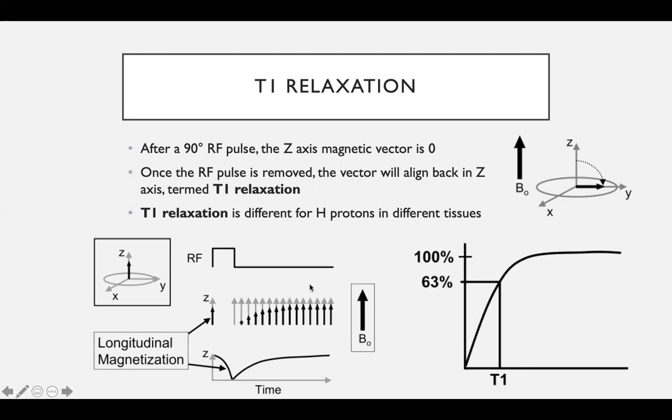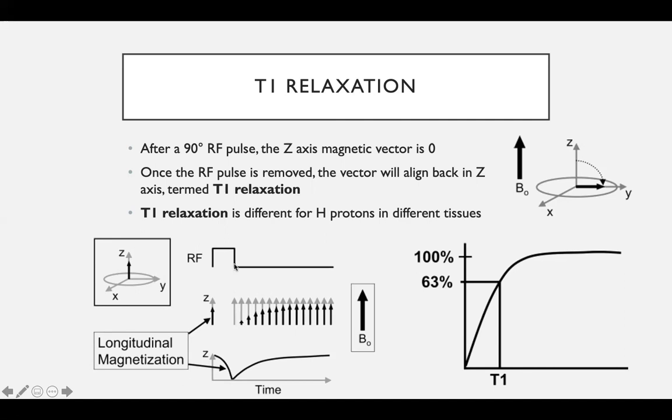So if we look at this image here on the left, we have our resting state where our proton magnetic vector is in the direction of the z-axis. After we give an RF pulse, we provide a certain amount of energy that we go all the way down to this state where we have Z equals 0 contribution.